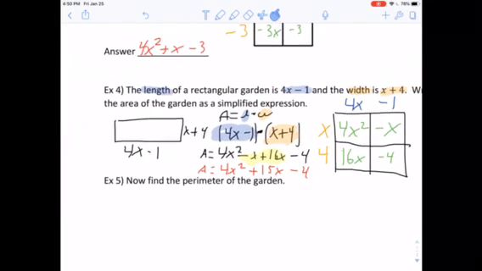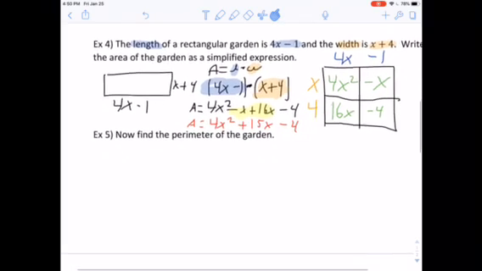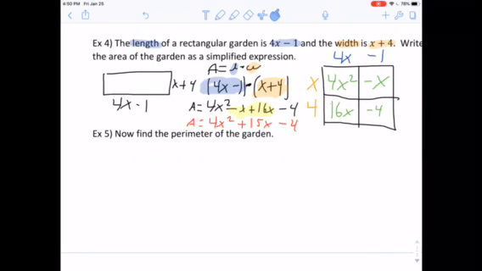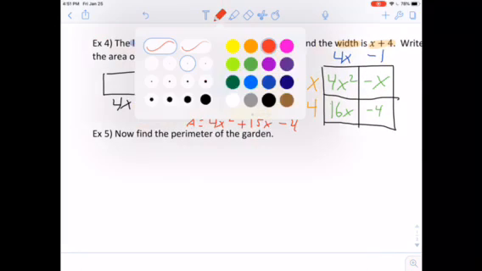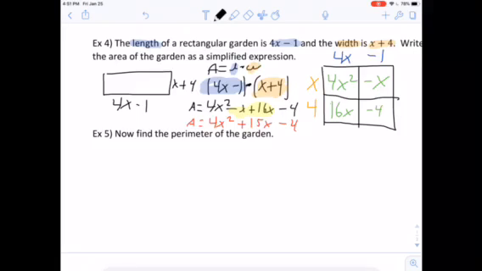Let's move on to my final, which is perimeter. Whoa, perimeter. So perimeter is basically length plus length plus width plus width.